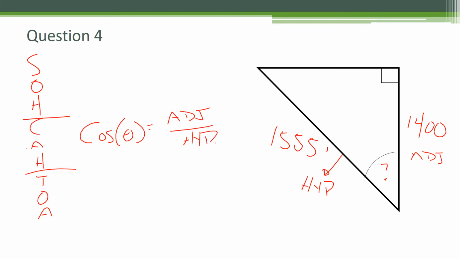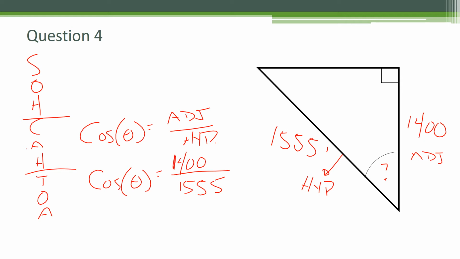Now we just plug our numbers in. The only thing is this time we don't know what the angle is, but we know both sides. So the adjacent is 1400. The hypotenuse is 1555. I'm going to save you guys the lesson in algebra, and I'll just tell you how to solve it.